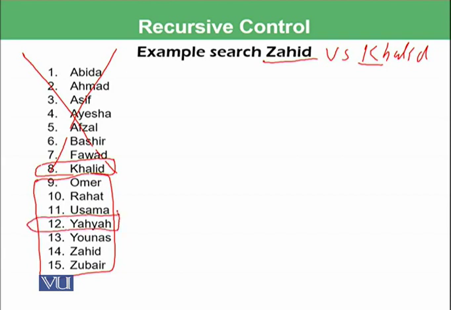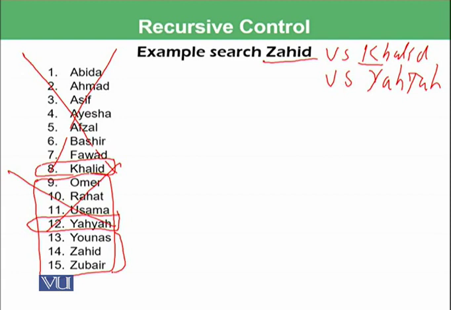Yahya. So now Zahid will be compared with Yahya. So this is the second step. And when we compared Yahya, we again found that Z in Zahid has more ASCII value than Y in Yahya. So this means our actual list is not from here, it lies in this.